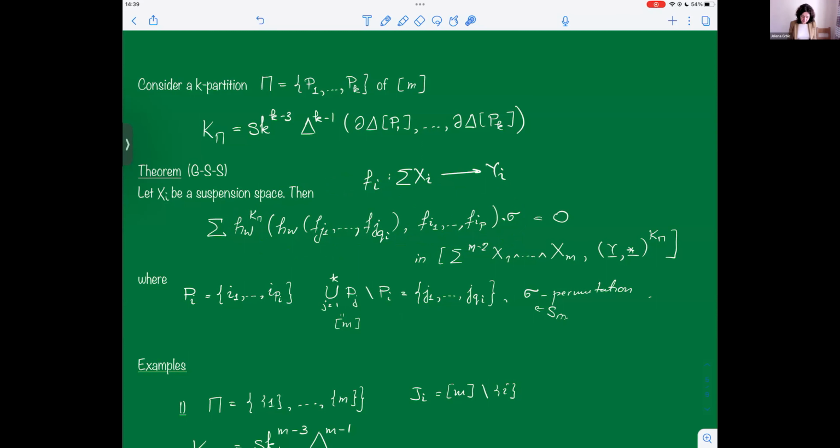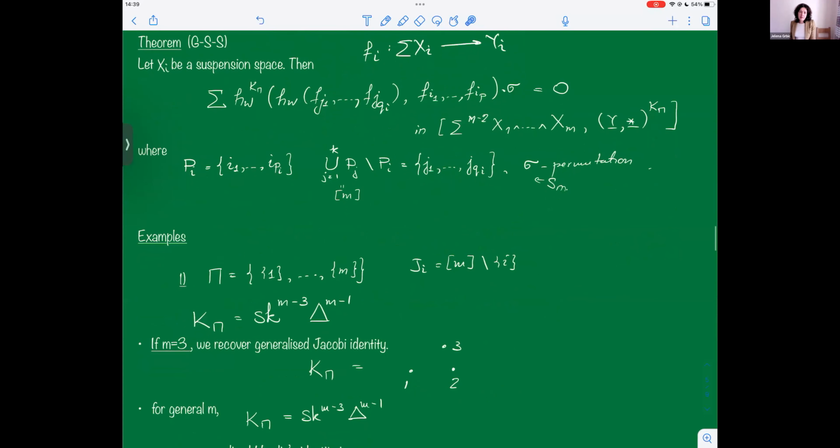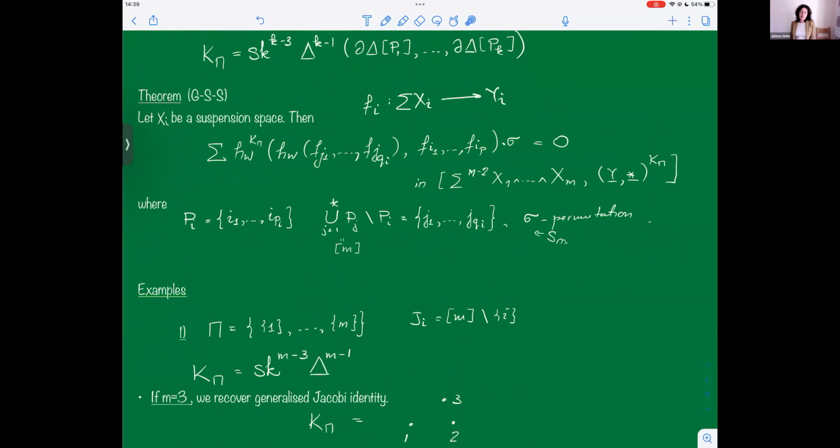Okay, so that's our main theorem, that we can now produce many relations between these high Whitehead maps, and those will also be relations of higher Whitehead products, because as we know, each high Whitehead product is a set of maps, and if we want to talk about relations between high Whitehead products, we are essentially talking about relations between elements of the set.